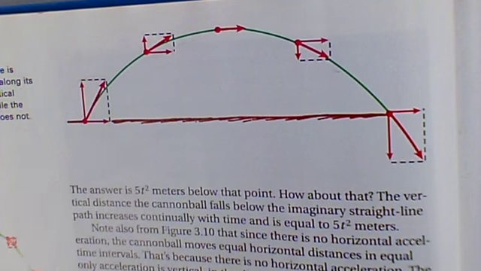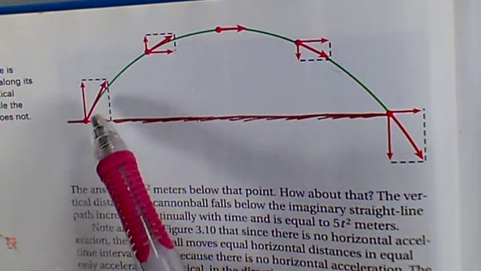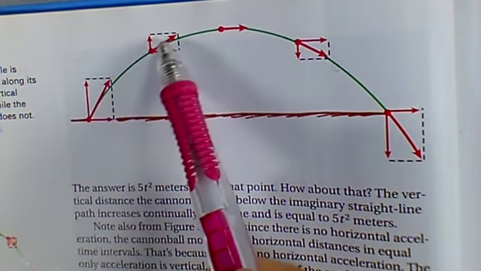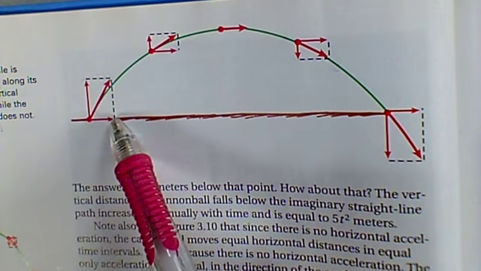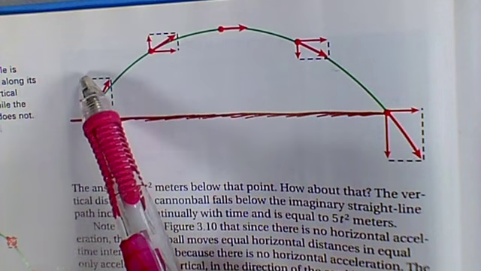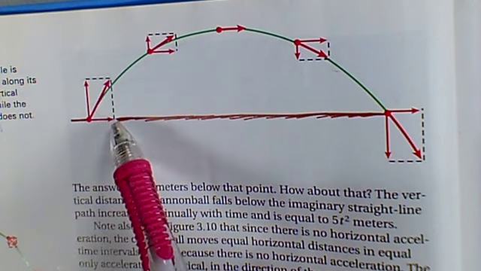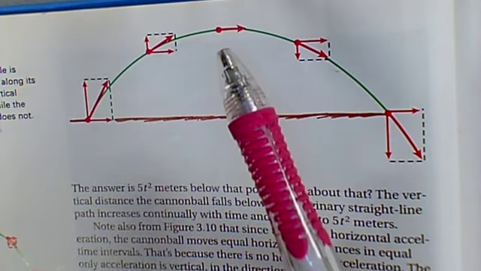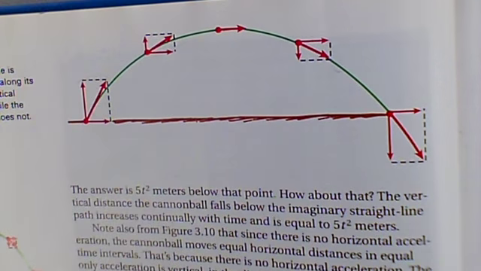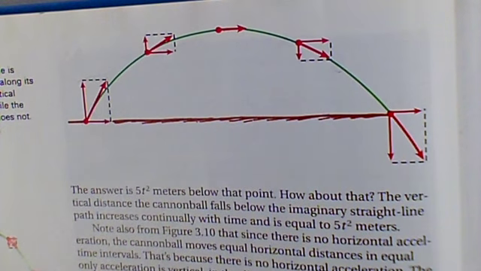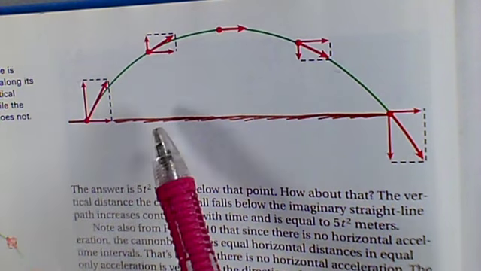The first is that we have taken the path and we have resolved the vectors. We have broken it down into its x and y components here for the purpose to show you that the horizontal component of a projectile's velocity is independent of the vertical component of its velocity.